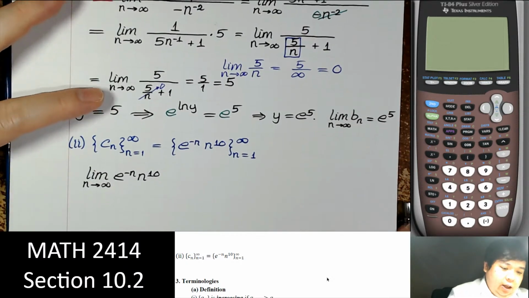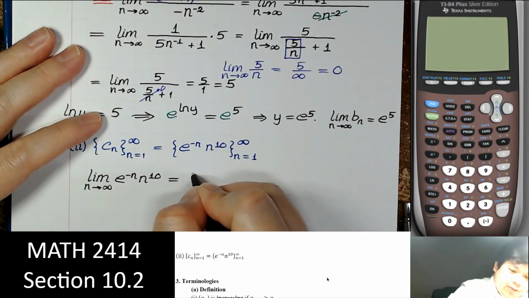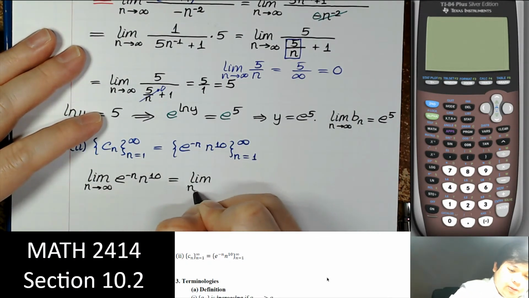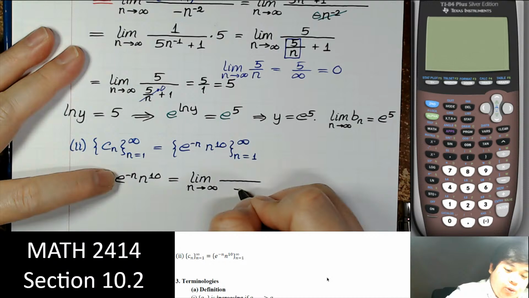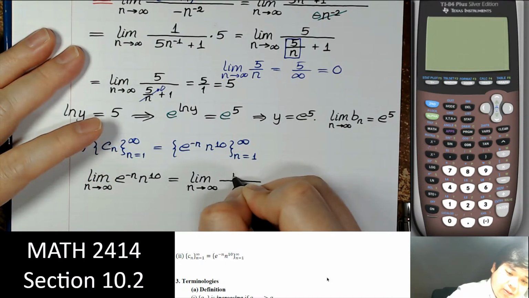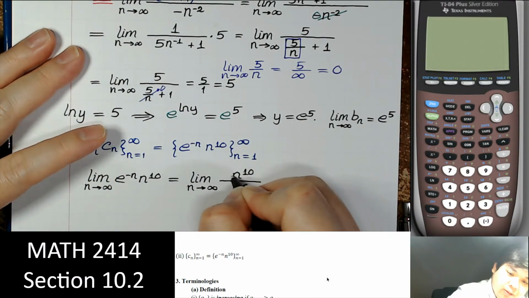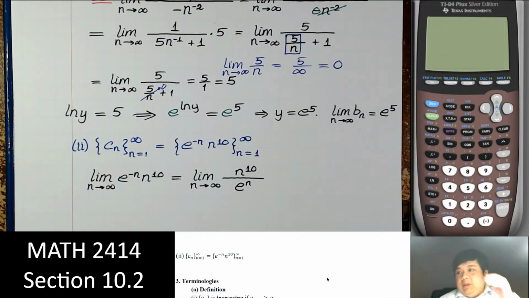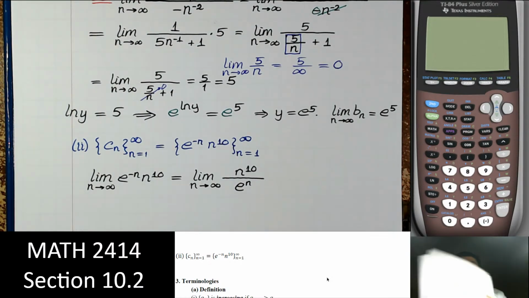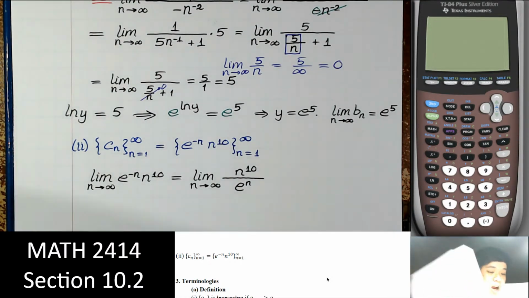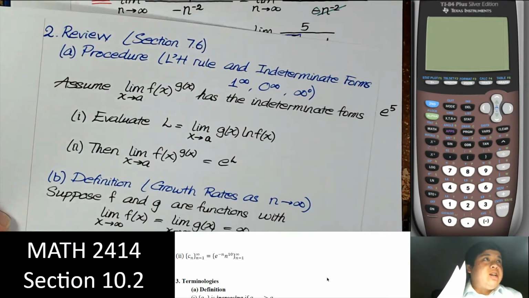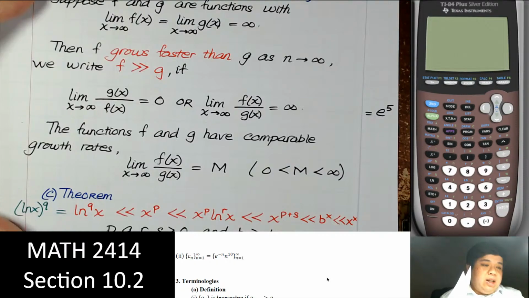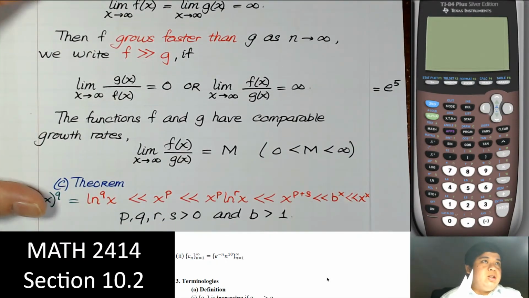If it has negative power, move to the bottom. Of course, we can use the Hospital rule, but this time we use everything we have from the previous section, the growth rate and everything. So we use this part here.